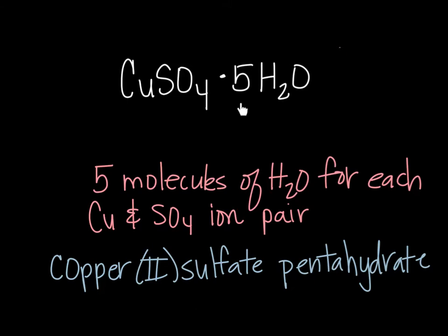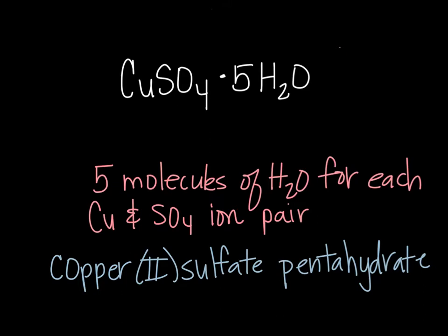See the coefficient 5 here? So that means we have 5 molecules of water for each copper sulfate ion pair. So it's a ratio. So for every 1 copper sulfate ion pair, there are 5 water molecules surrounding it. And that is what the hydrate formula is telling us.